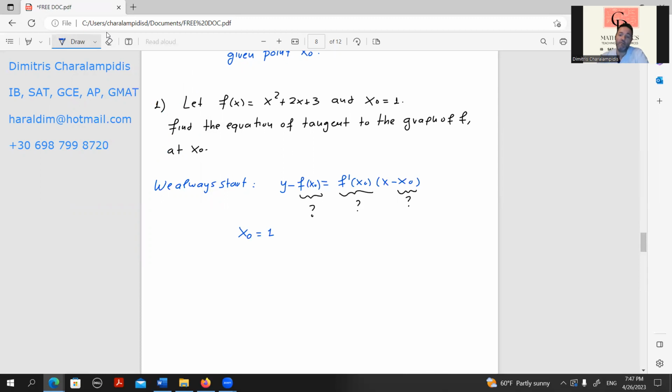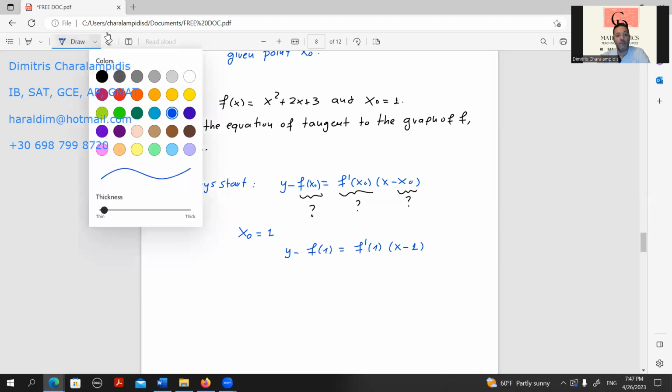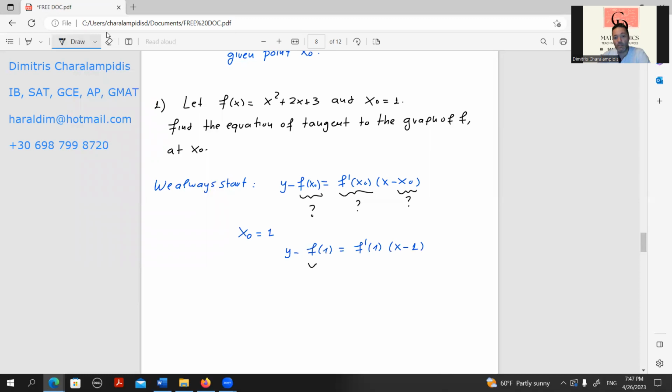So instead of y minus f of x0 equals and so on, we will rewrite it as y minus f of 1 equals f prime of 1 times x minus 1. So right now, I have reduced the unknowns to simply 2. I still need to find the value of f of 1 and the value of f prime of 1.